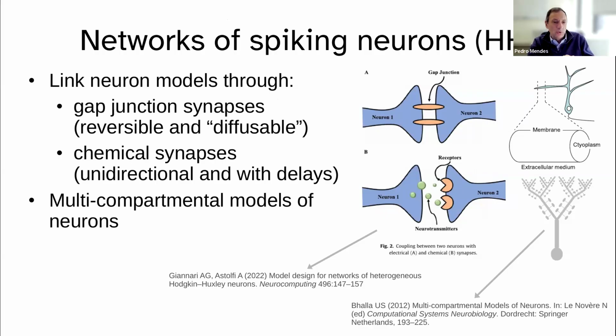So we wanted to do things like that: having a model of a certain neuron, and then being able to connect several of those neurons together and make a bigger network of neurons.